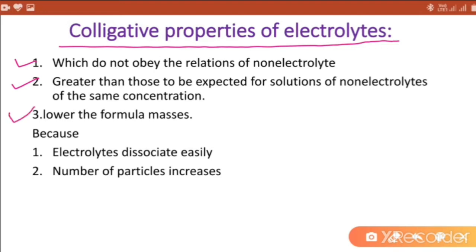And third, the molar masses of electrolytes in aqueous solutions are found to be lower than the formula masses. The observations are because electrolytes dissociate easily, means they give ions very easily, and due to that the number of particles increases and the colligative property becomes higher.